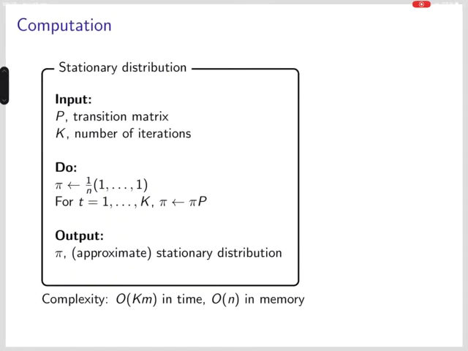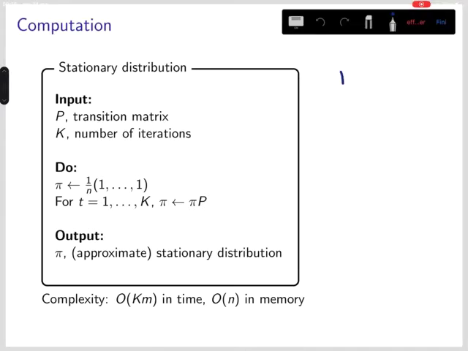To compute this stationary distribution, you have to solve this equation. Basically you have to find the largest left eigenvector of P. Since P is a stochastic matrix, you know that 1 is the right eigenvector for the eigenvalue 1. You need to find the left eigenvector. There are solvers to do that, but an easy way is to use what is known as power iteration.